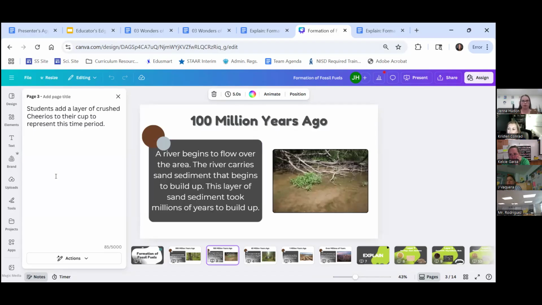I'm not going to go back because I don't want to make you sick. But go ahead, if you don't already have your Cheerios crushed up, and add that layer. I'll add and show you what it looks like once I get it poured.